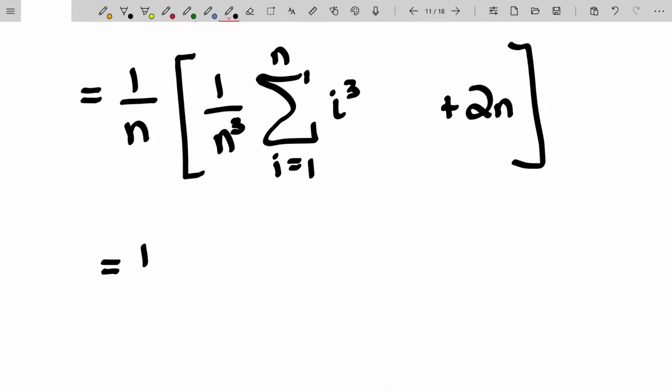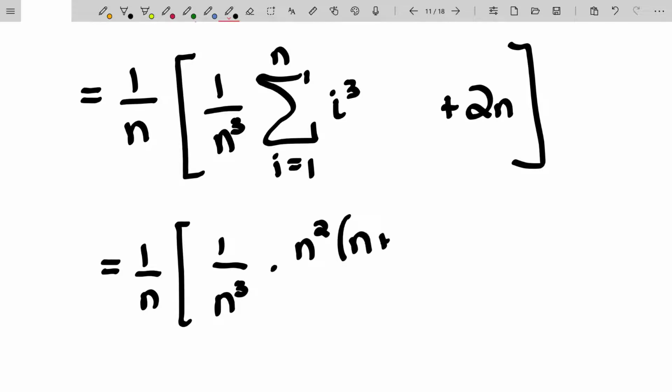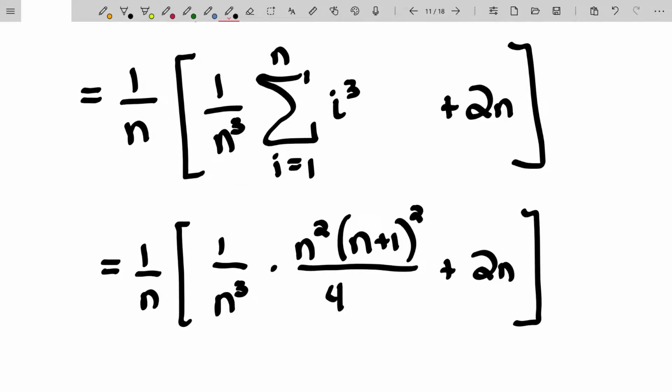And this is going to equal 1 over n, I'll just keep this 1 over n on the outside for now. We have a 1 over n cubed. And then we now have just rediscovered the property that the sum from 1 to n of i cubed is going to be n squared times n plus 1 squared over 4. Now notice you no longer have a summation.